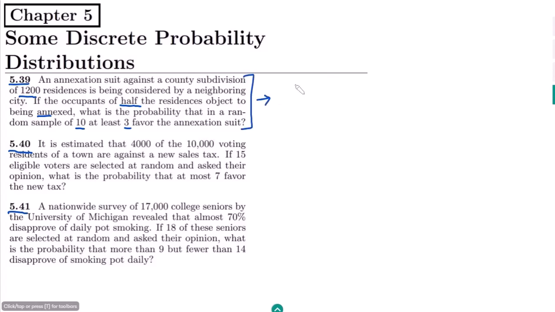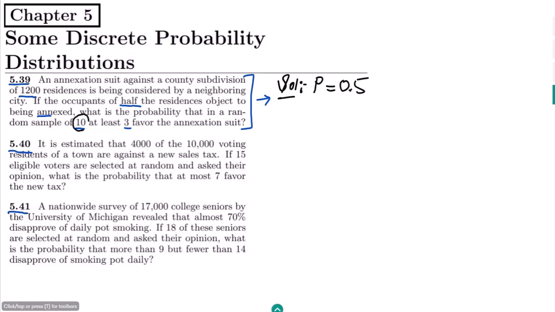Let me first write the solution for this question. Writing the probability of annexation here, this is half of the residences, so it would be 0.5. We know the total number of residences is 1200.